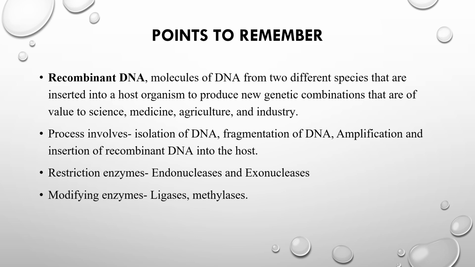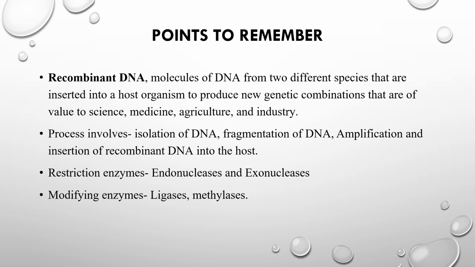Amplification can be done by PCR or by undergoing amplification inside the bacterial cell itself. And the restriction enzymes involved are endonucleases and exonucleases. Endonucleases will cleave the DNA fragment in between, whereas the exonucleases will cleave the nucleotides from the ends of the DNA fragment.